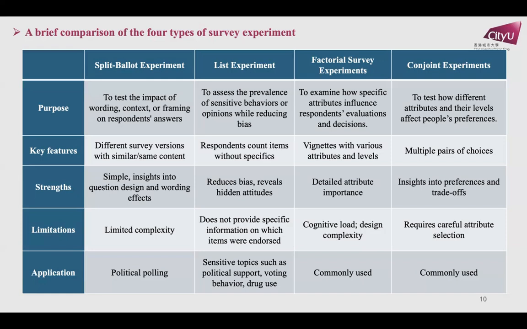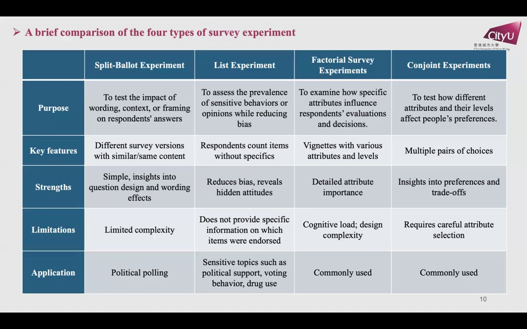The third one is the factorial survey experiment, mainly used to examine how specific attributes influence respondents' evaluations and decisions. The feature is that the factorial survey experiment may contain various attributes and levels. The strength is that it can give us a detailed attribute importance, showing how these attributes, or the independent variables, may affect the dependent variables.